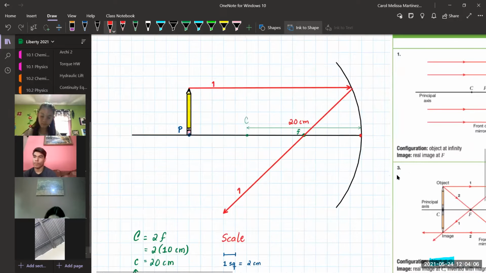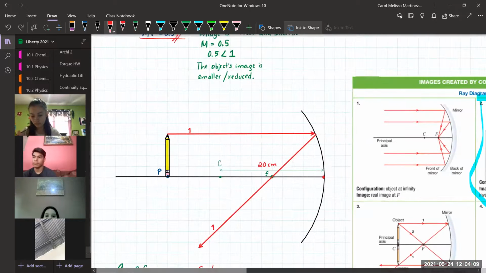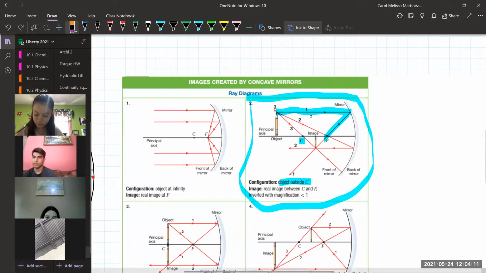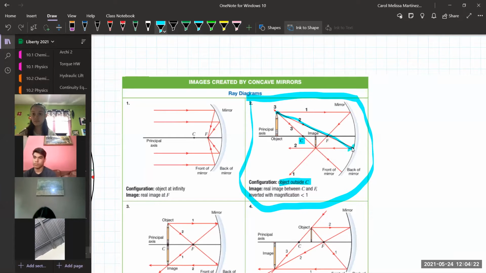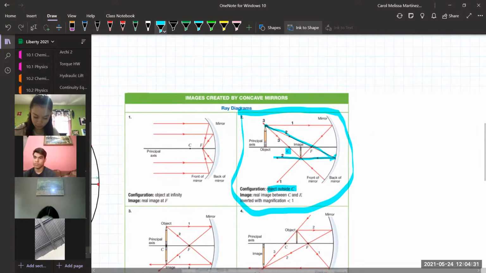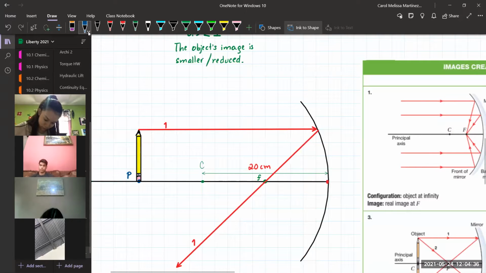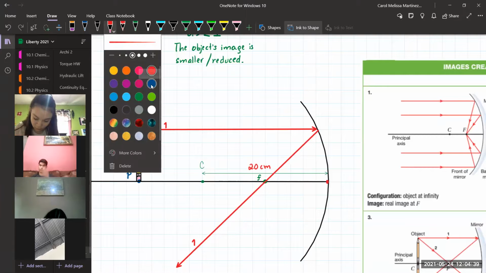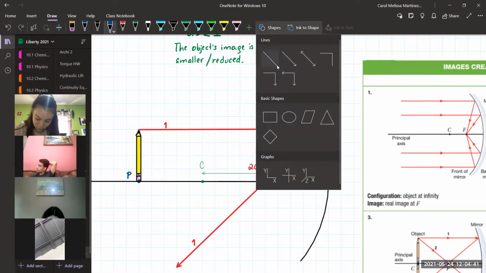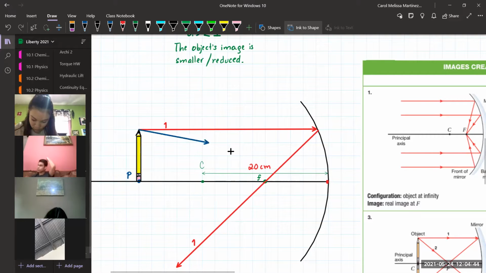Now the second ray. Take a look. The second ray is coming from the tip of my pencil, passing through the focal point until it reaches the mirror, and then bounces back horizontally. That is the second ray. I will imitate the same thing. Take a look. I'm using colors because I don't want to get confused. I suggest you do the same.